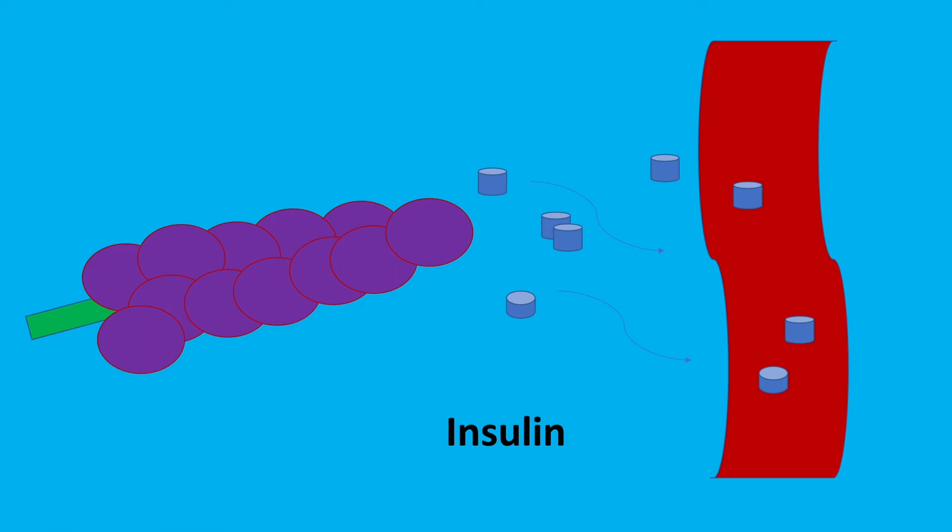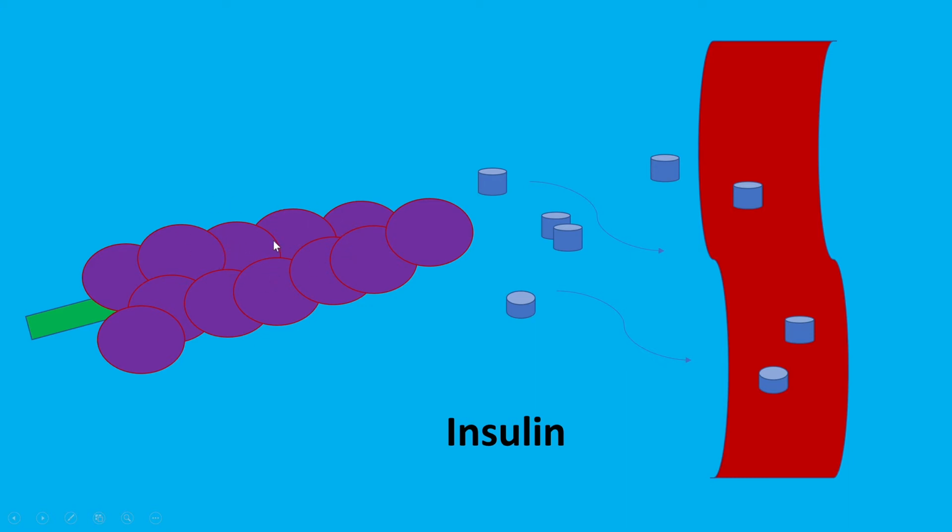So what I've pictured here is insulin, which is the friend of sugar that allows sugar to flow into the cells. And insulin is produced by an organ in the body called the pancreas, which I have outlined here. I always think the pancreas looks like a whole bunch of grapes for some reason, so I made it purple.